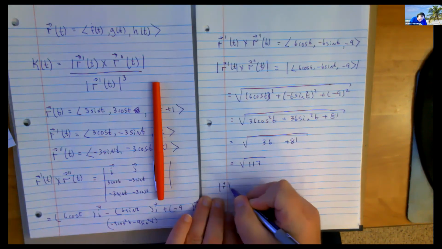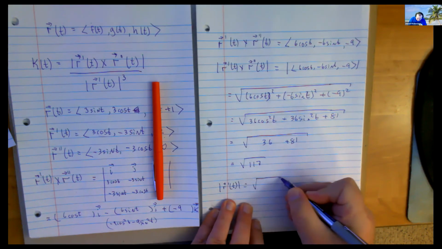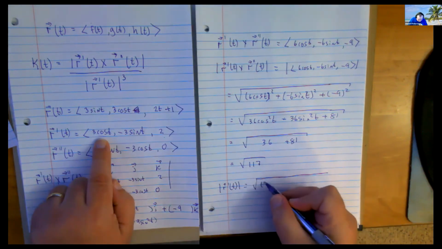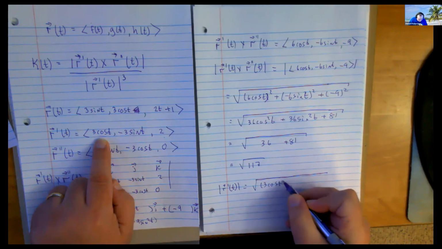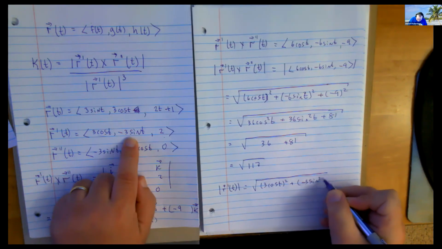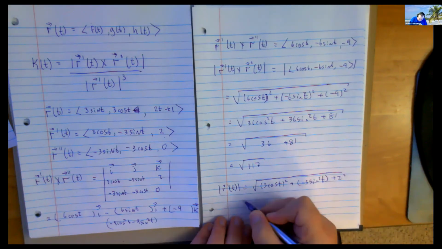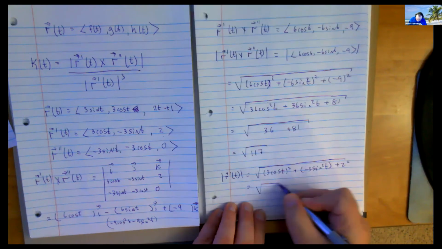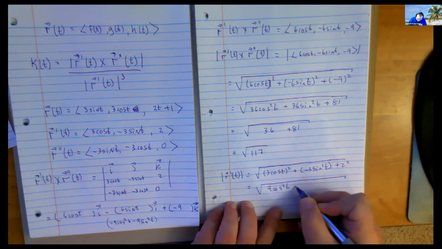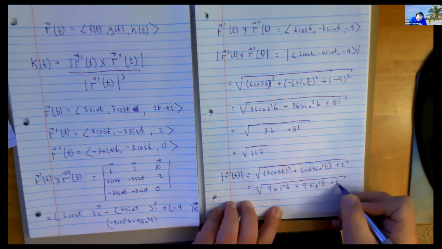Let's find the magnitude of it. That's going to be the square root of this squared plus this squared plus 2 squared. So that's going to be the square root of 9 cos squareds plus 9 sine squareds plus 4.